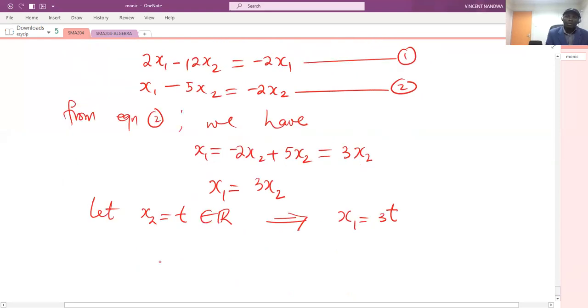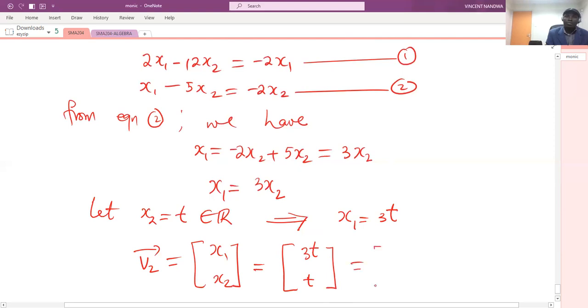Therefore v2 will be given by x1, x2, which will be 3t, t, so this will be 3, 1 times t.